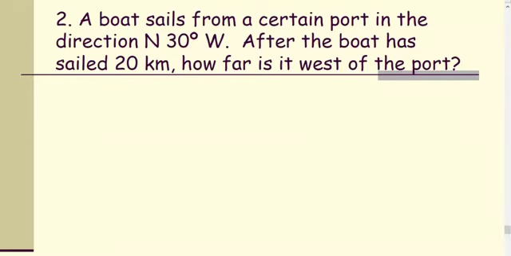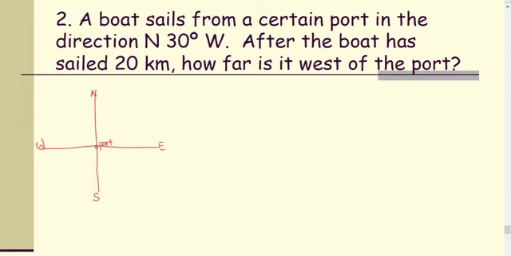The second example: a boat sails from a certain port in the direction north 30 degrees west. After the boat has sailed 20 kilometers, how far is it west of the port? Let the port be at the origin.